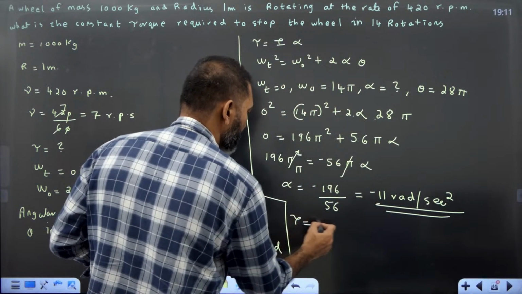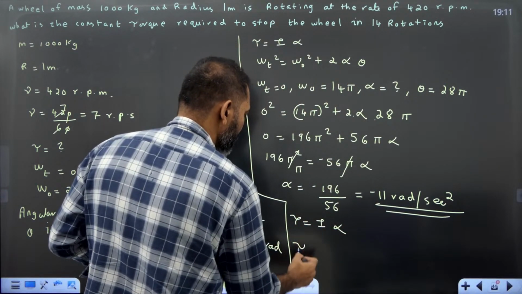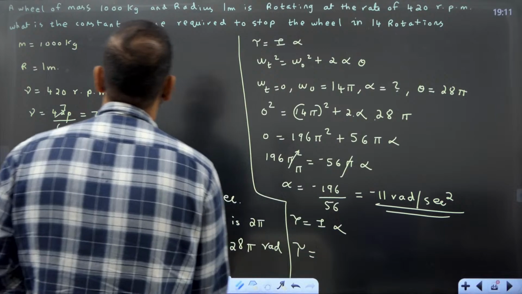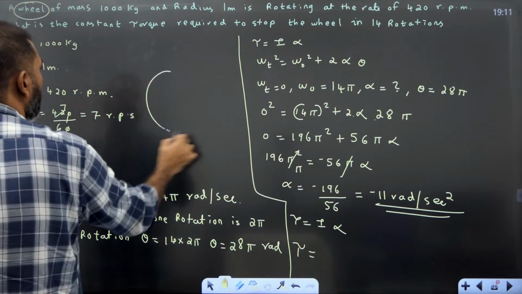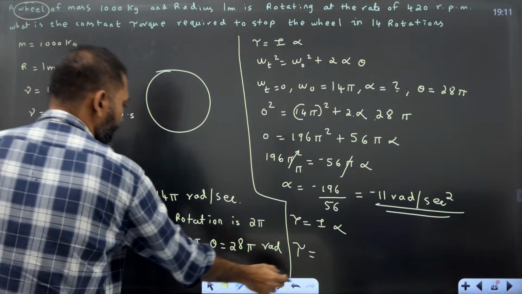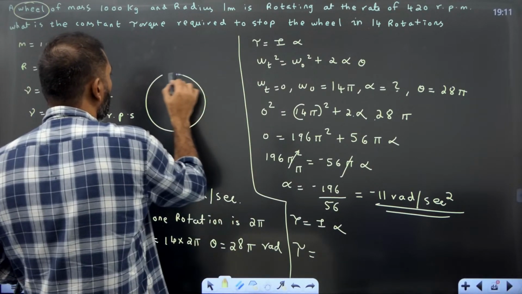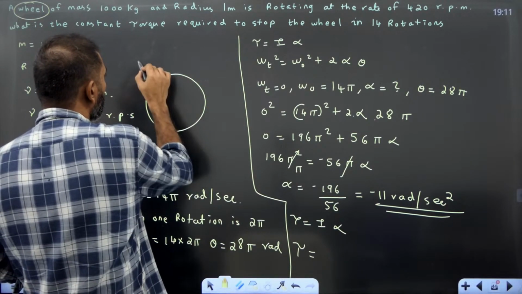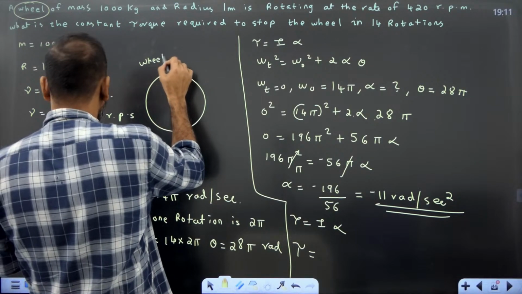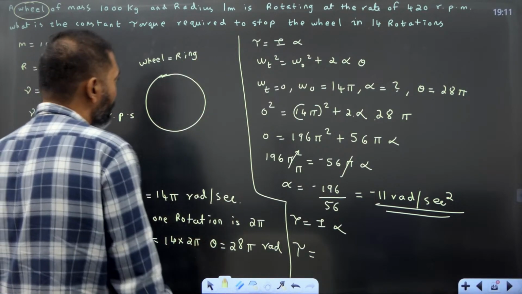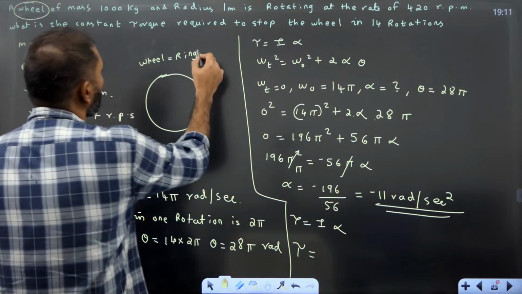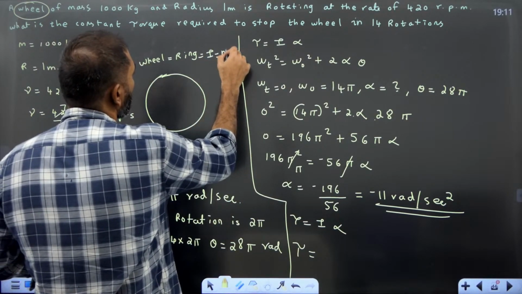Now torque equal to I alpha. Now the shape is of a wheel. A wheel is like a ring. So what is the moment of inertia? mr square, right? Moment of inertia I is equal to mr square.